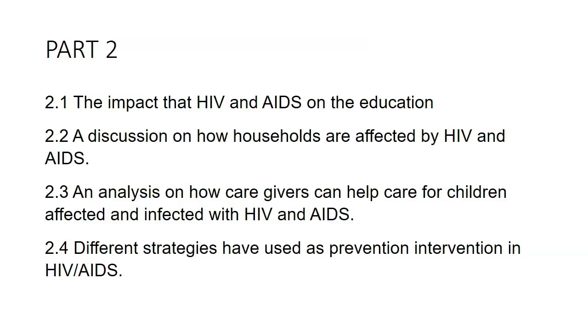We know that there can be a decline in school attendance due to parents of a child being infected by HIV and AIDS. It can also be an issue where the child themselves are infected by HIV and AIDS, so school attendance can be affected.